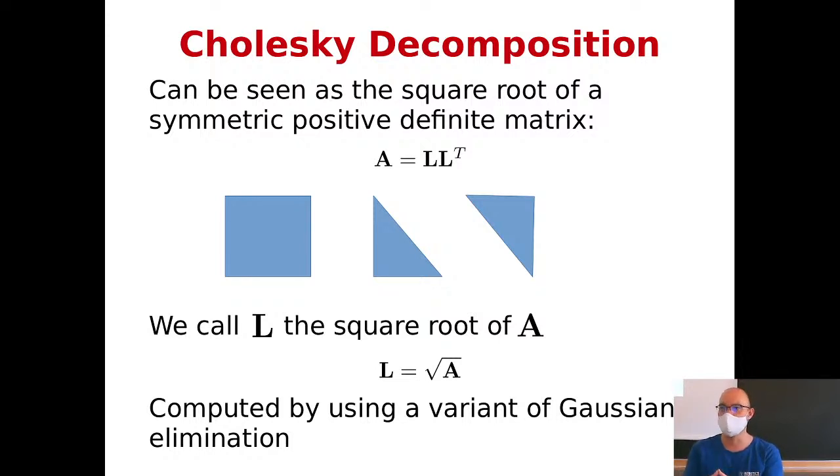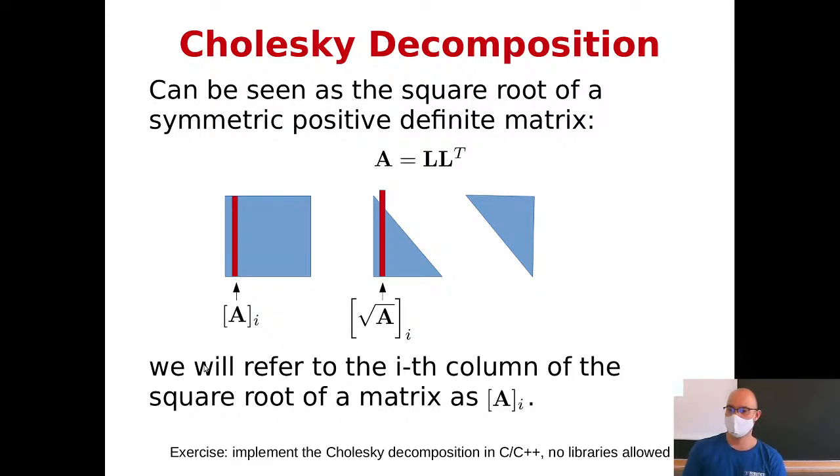Because I need it to describe the procedure to determine the sigma points. Now, let's call the Cholesky decomposition of A, which is this lower triangular matrix here, L, and with an abuse of notation, define it as the square root of A. Okay? Now, if I take a matrix A, with this notation A in brackets I just denote the ith column vector of this matrix.